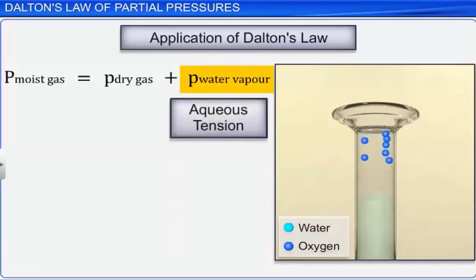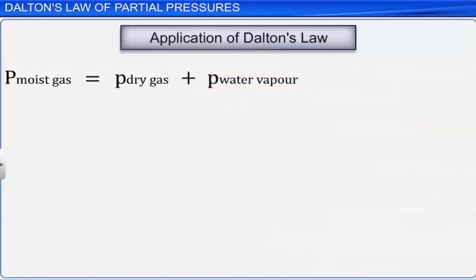If the pressure of the dry gas and the moist gas are represented as P and P moist, and the partial pressure due to water vapor, commonly called aqueous tension, can be expressed as P dash, then by Dalton's law of partial pressures, the total pressure exerted by a moist gas, that is, P moist, is equal to the partial pressure of the dry gas, P, plus the partial pressure of the water vapor, P dash.